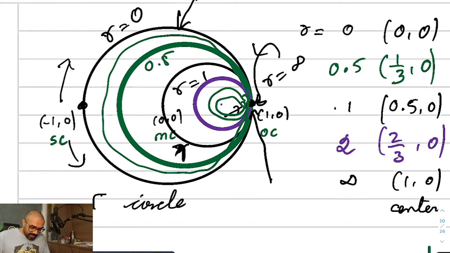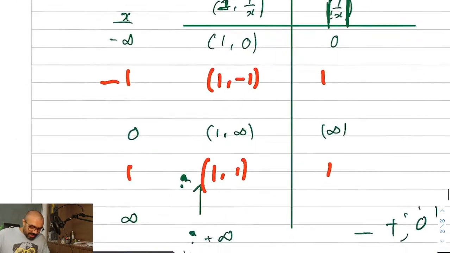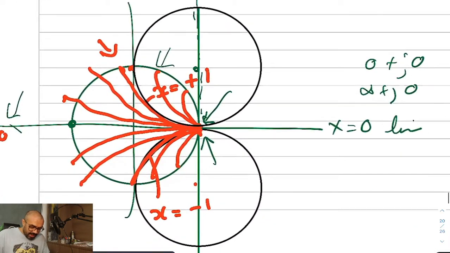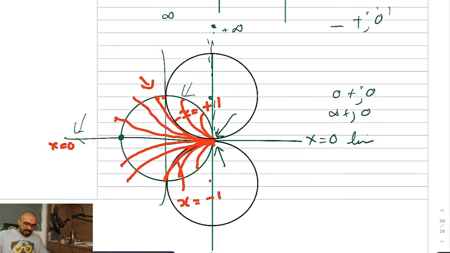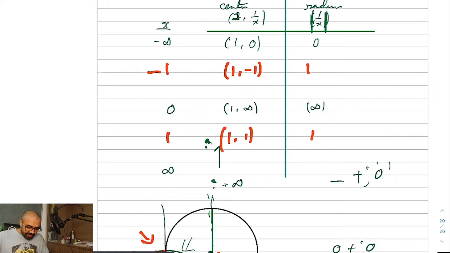The other thing we notice is obviously that it's symmetrical, so all the centers lie on the real line. Now we can do a similar thing with the X circles. Taking the special case of x equal to 0 gives me a center at 1 comma infinity and radius of infinity.